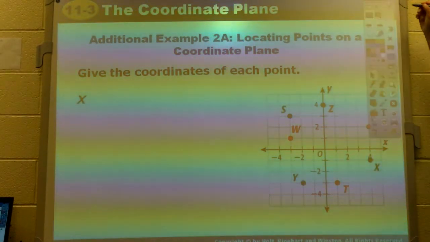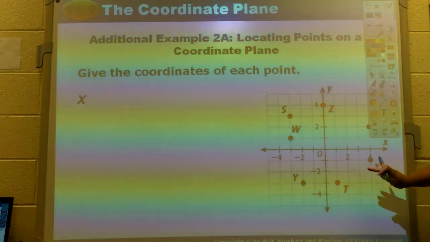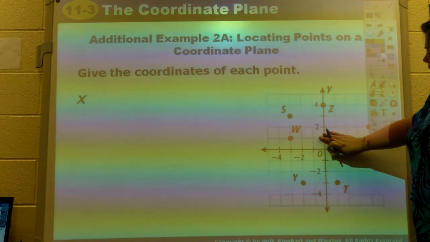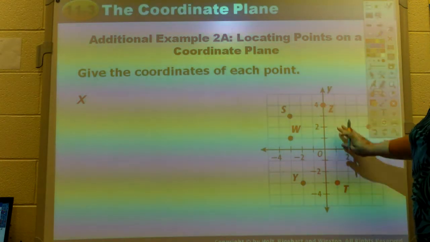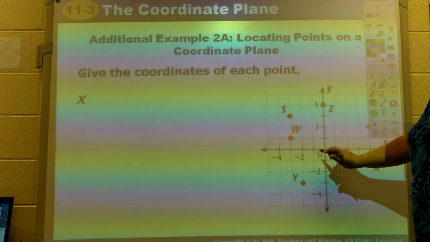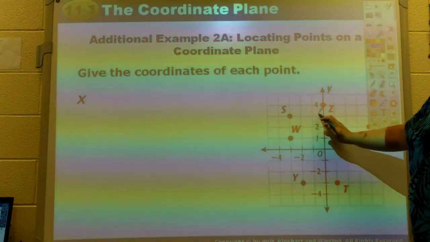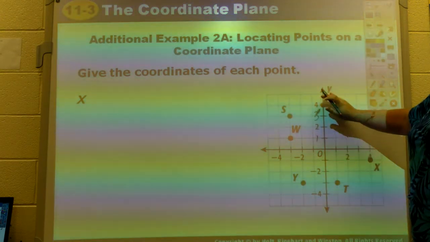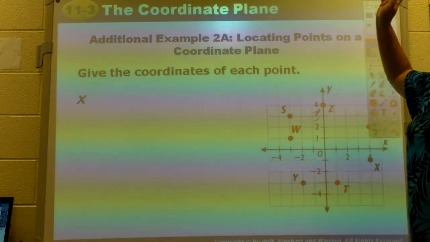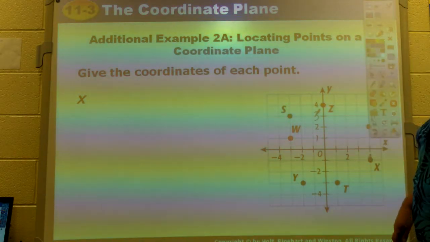Now we'll notice that on our coordinate plane we have 0, a blank, 2, a blank, 4. So we know what's going to go here. It's going to be positive 1, positive 2, positive 3, positive 4, and so on. It can keep going on up, more numbers if you need them.